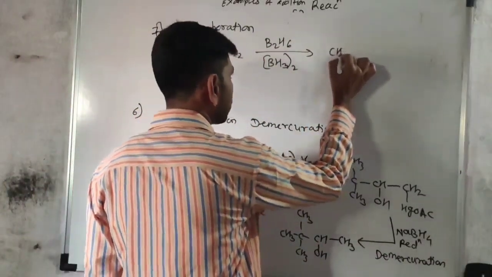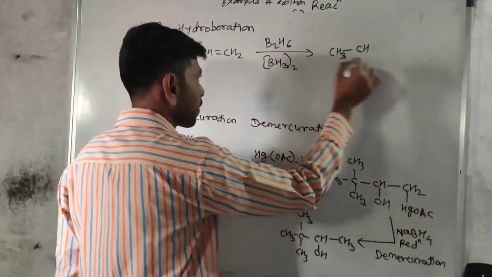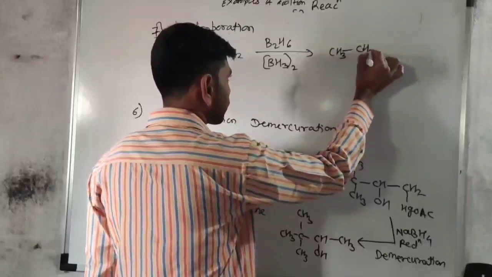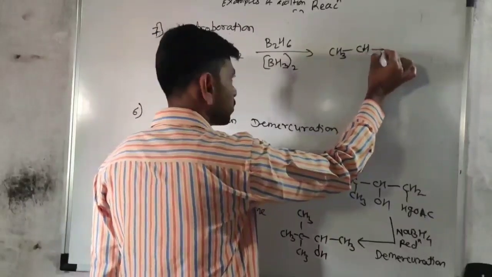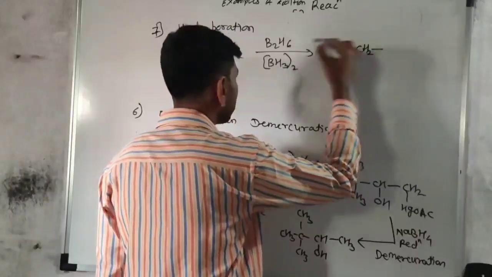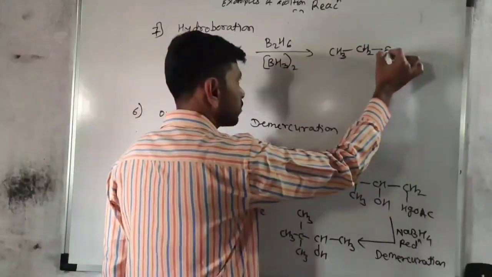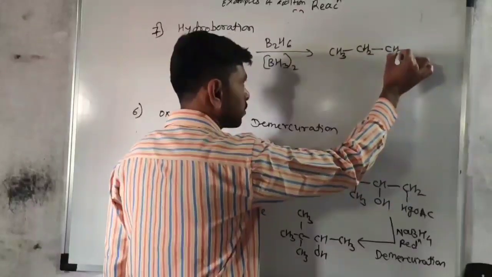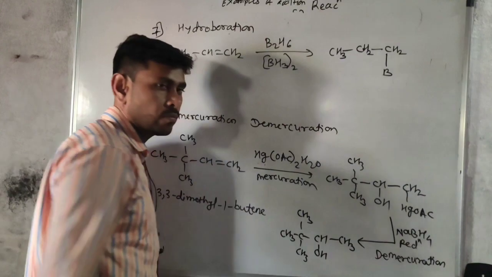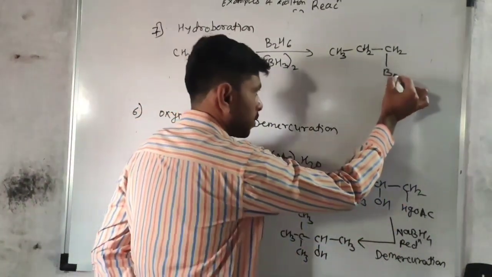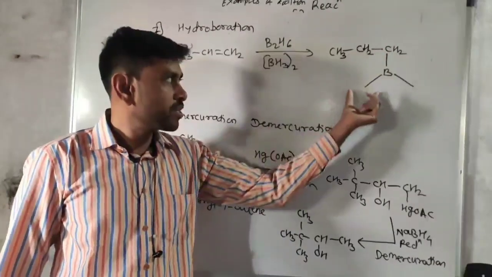So in the first step, see here, CH2 hydrogen gets added to the boron group, and here the same systems are added.